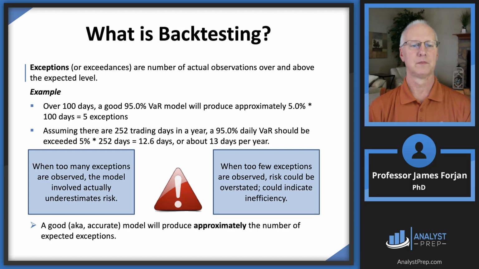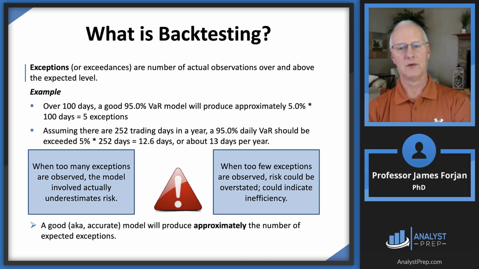risk. Now look at these two blocks that I have on either side of that red and white exclamation point. So when too many exceptions are observed, the model has probably underestimated risk.